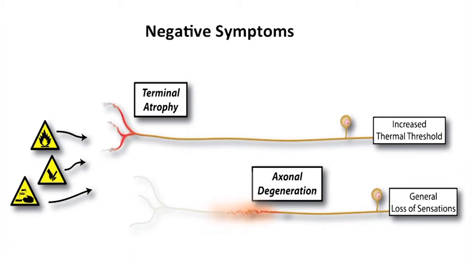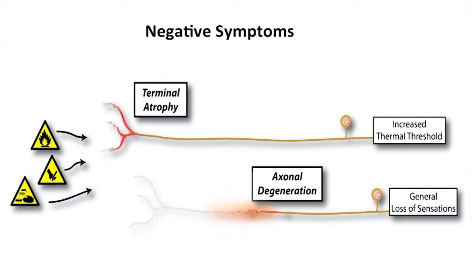And in the case of damage to the peripheral nervous system, this could either be terminal atrophy, for example, in patients with diabetic neuropathy, as well as axonal degeneration, which may occur after trauma, invasion of a nerve by a tumor, or compression. In both of these cases, there's disruption of the continuity of the nerve fiber with its target, and consequently, there's a loss of sensitivity.